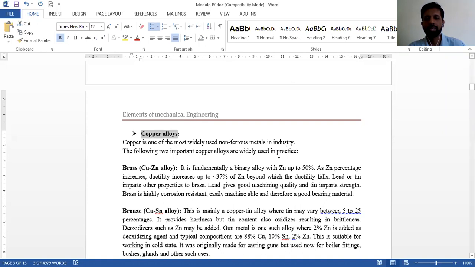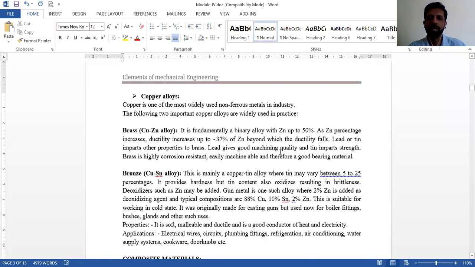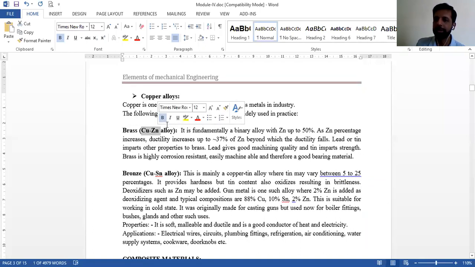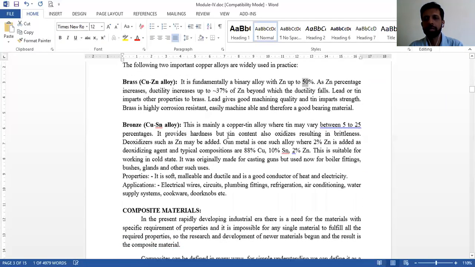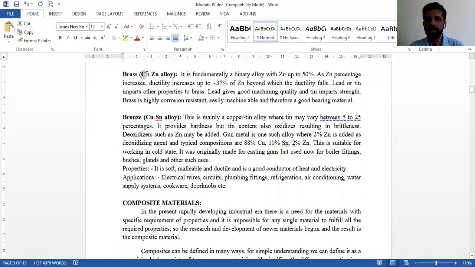So what are the general alloys that we will be able to see, that we already know? Brass, consisting of copper and zinc. Brass is a non-ferrous alloy, majorly consisting of copper and zinc, with zinc up to 50%, and the remaining portion is copper.